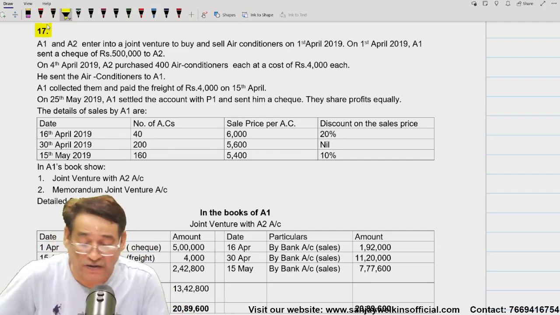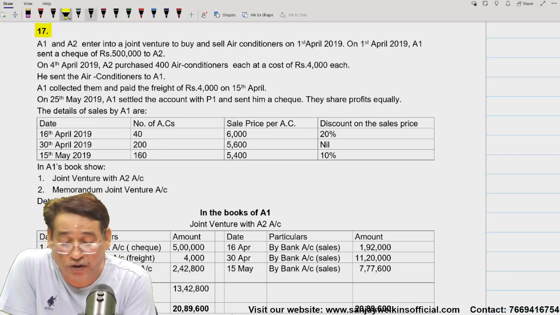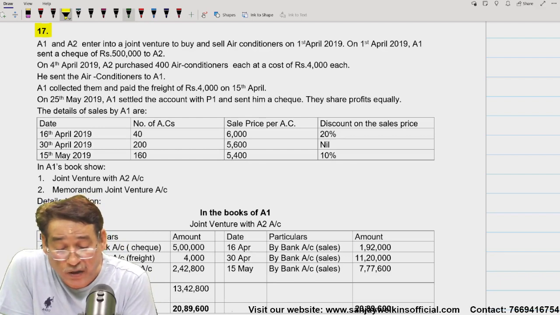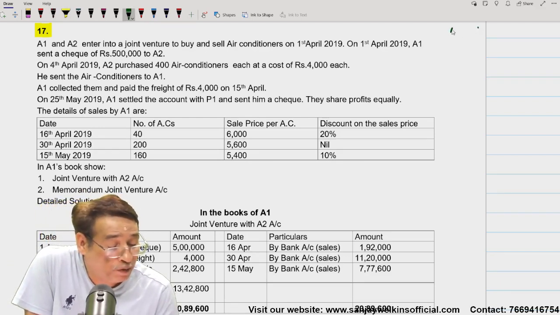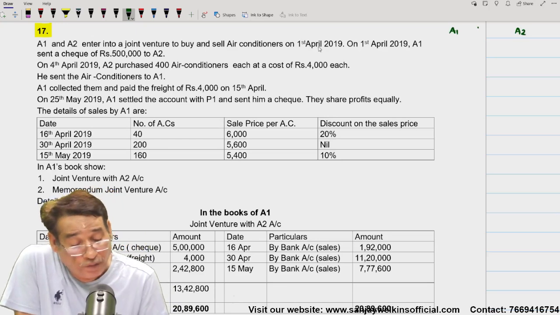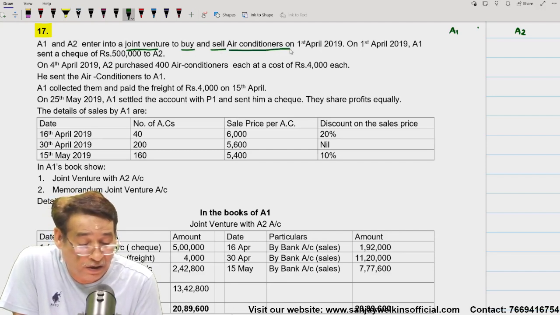In this case, it is given that A1 and A2 entered into joint venture. So, as far as parties are concerned, in this particular case, there are two parties. One is A1 and another one is A2. Correct? It is given that they have entered into a joint venture to buy and sell air conditioners.